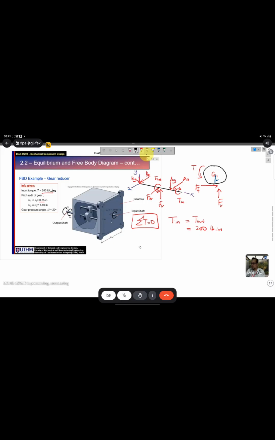Actually you can calculate the top, this one is the top out. So the top out is equal to this Ft times the radius. And then you can calculate the Ft value, which is equal to top out divided by the radius. Top out is 240, the radius will be 0.75 inch.